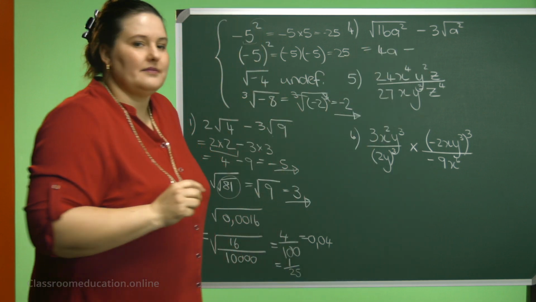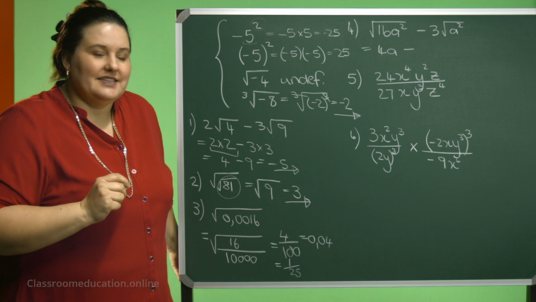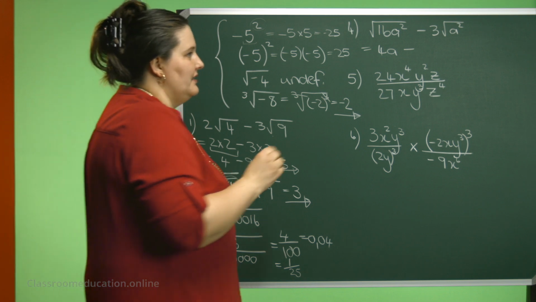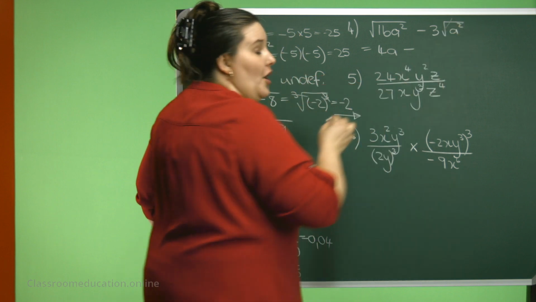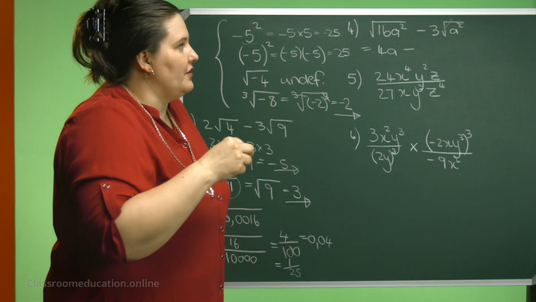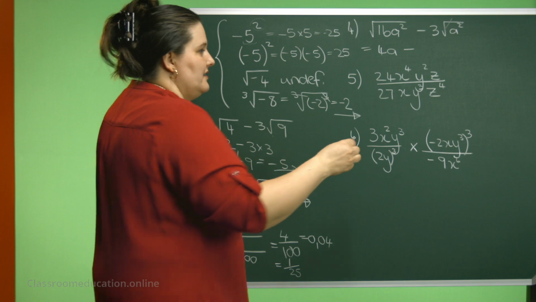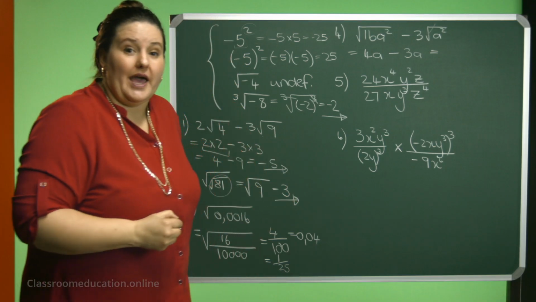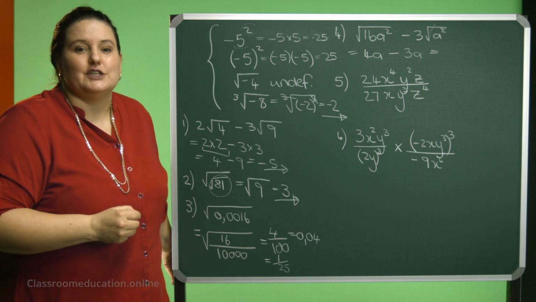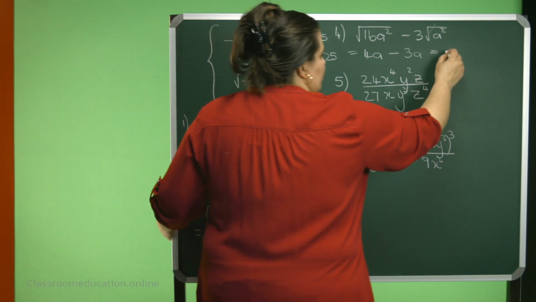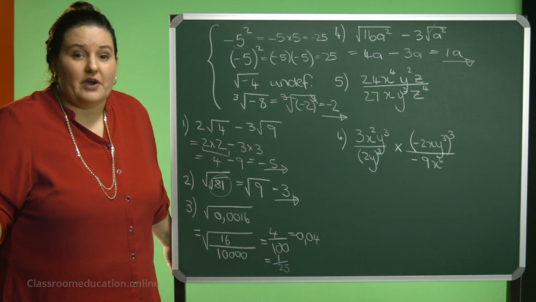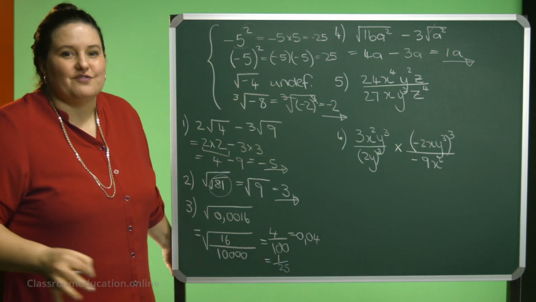Minus 3 square root of a squared. So here they are actually opposite operations. So it will be 3a. And 4a minus 3a is 1a. You can also leave the answer just by writing an a. That's also fine.